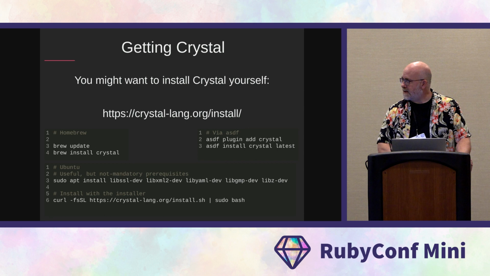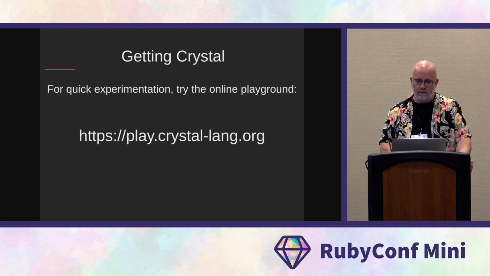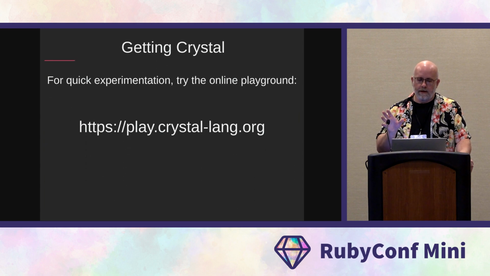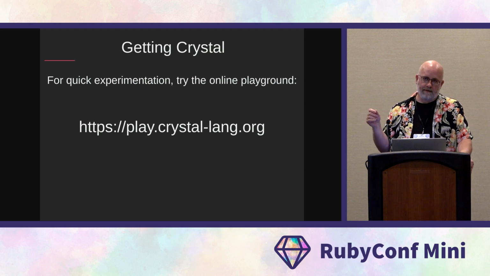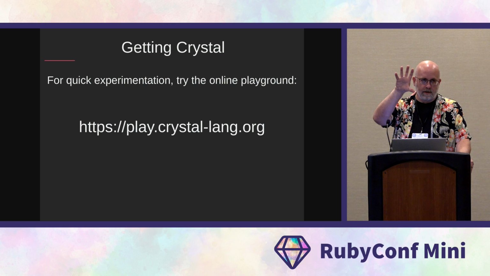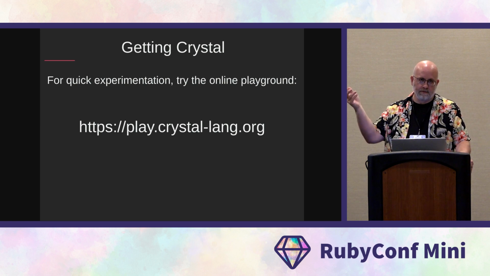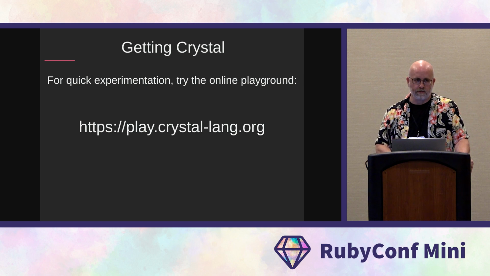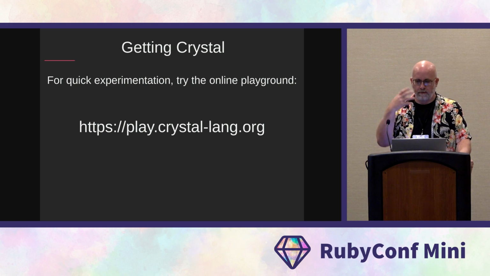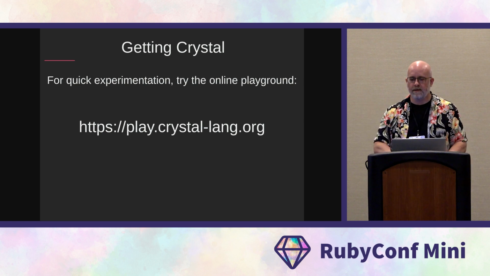If you need a second to grab that URL, I can wait. It's just crystallang.org/install. And if you want to just play in your browser without installing anything, you can go to play.crystallang.org and you'll have an in-browser console where you can type code, run it and see what happens. It's a full uncrippled Crystal running there. So it's really nice to play with little code snippets and things like that.